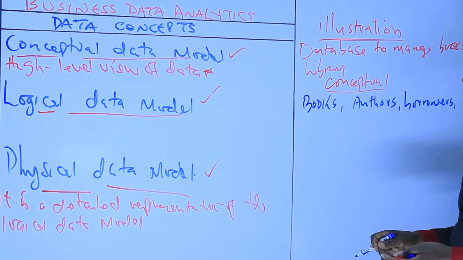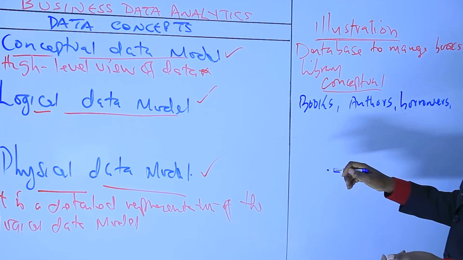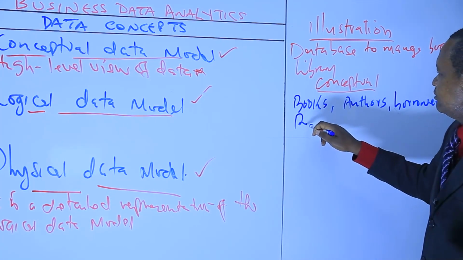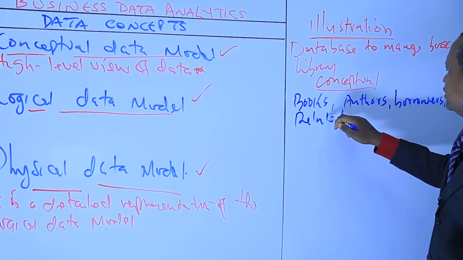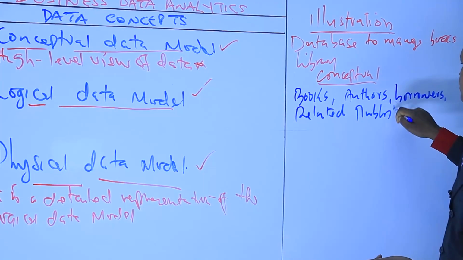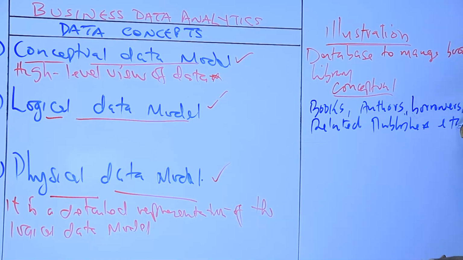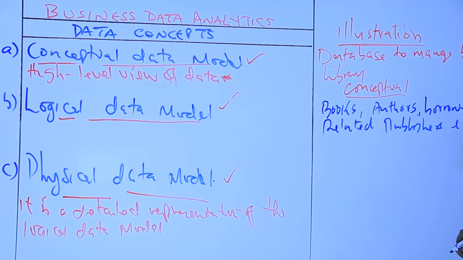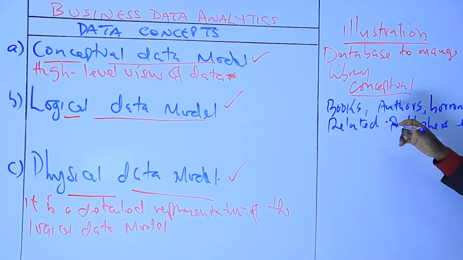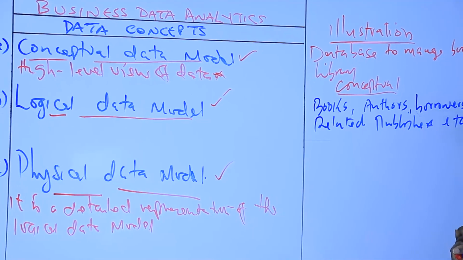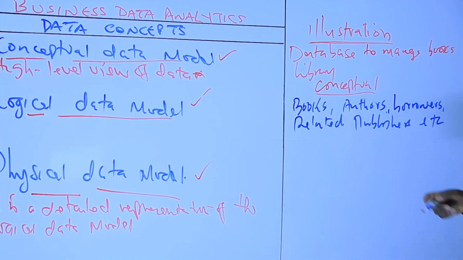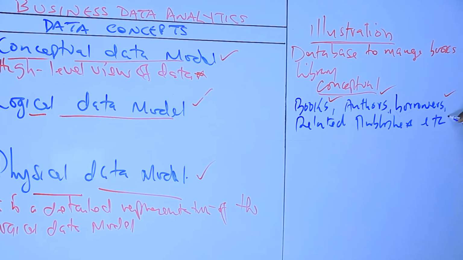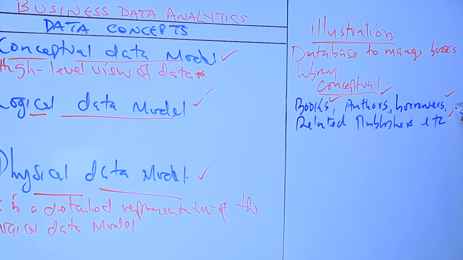We can have variables like related publishers, and so on. Right? So the relationship between these entities or variables in this database, that is books, authors, borrowers, related publishers, and so on.